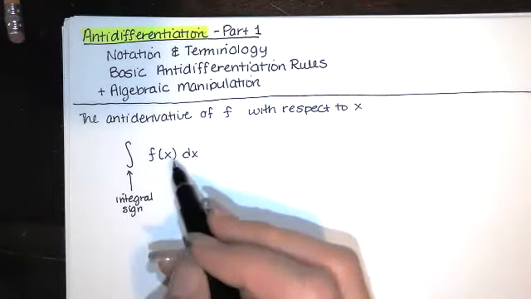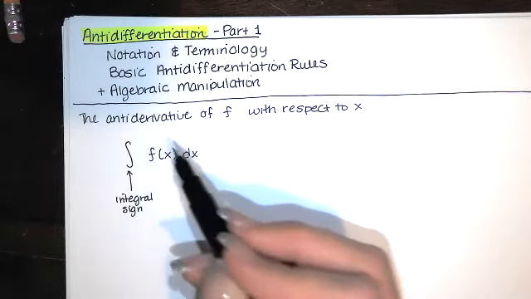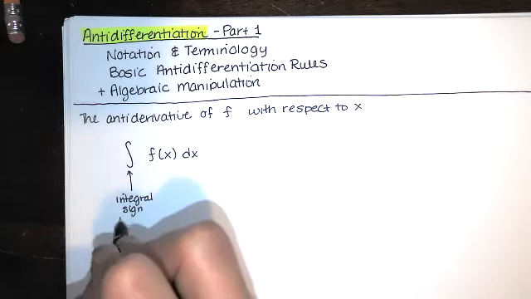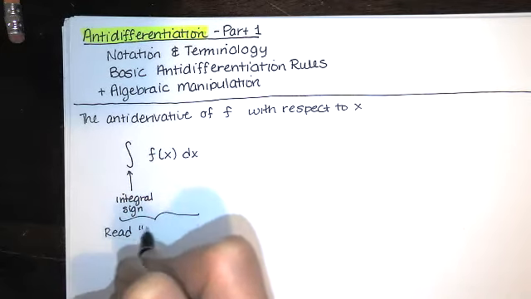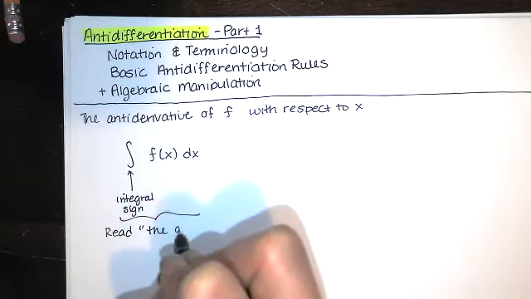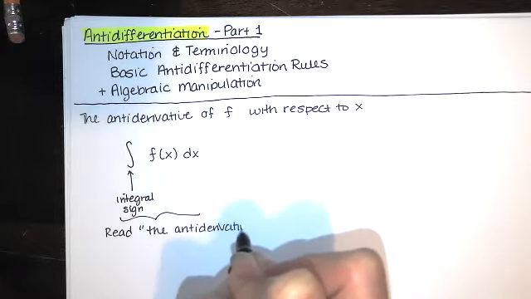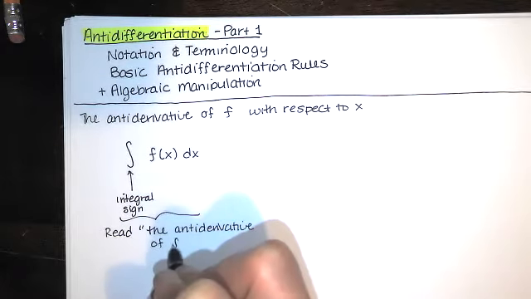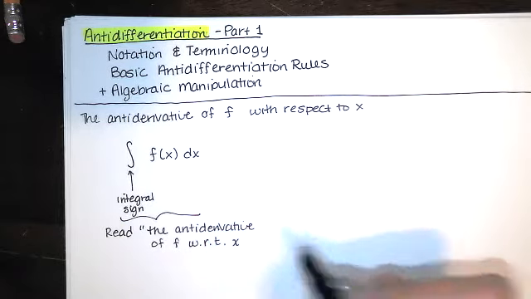And I'm asking myself, what function can I take the derivative of that will give me this function back? This right here is read, the antiderivative of f with respect to x, and I'll abbreviate with respect to as WRT.